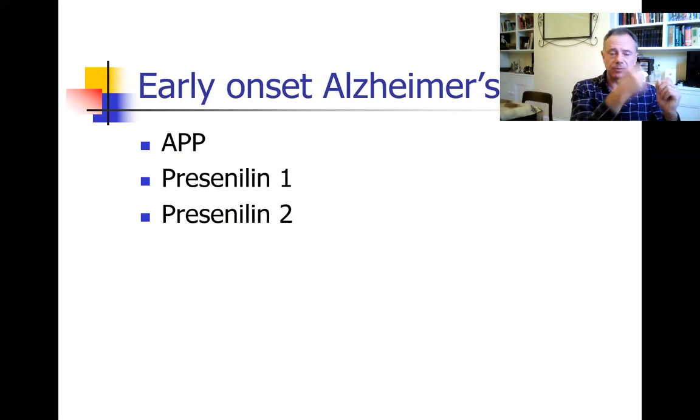If you make a mutation in the proteins which process APP, you can get Alzheimer's disease. Now, maybe there's other ways to get Alzheimer's disease as well, but it's clearly the case that APP going wrong can give you Alzheimer's disease.